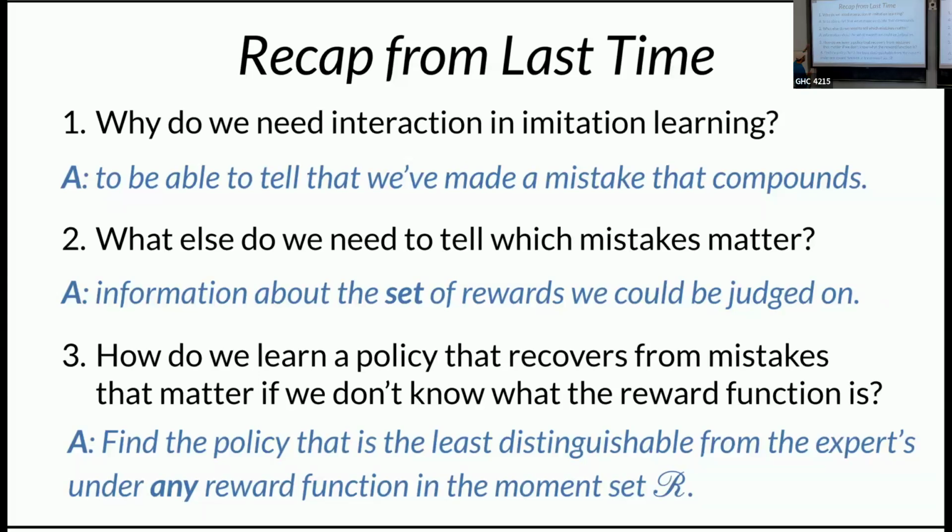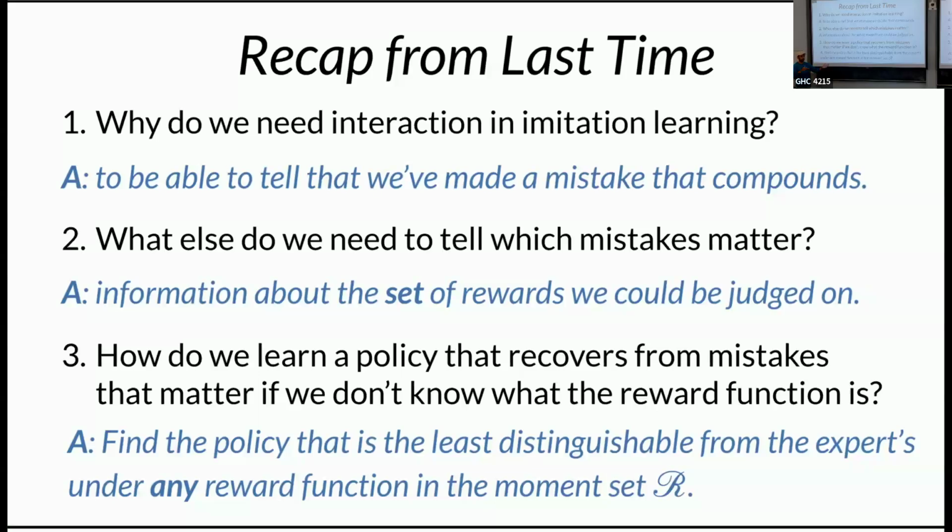We need interaction. Then we also talked about how we might need a little bit more. When we're in this misspecified setting where we can't perfectly imitate what the expert does, we need to be able to tie break between the mistakes that are bad and mistakes that are okay. We've given these two examples where you go outside of the support of what the expert does, maybe you do an unnecessary lane change, or maybe you hit another car.